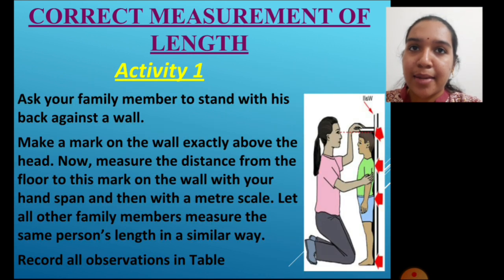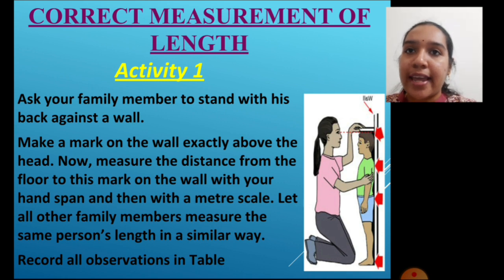In the first step, you will ask your family member to lean against the wall on their back and stand straight. Then mark on the wall exactly above his or her head as shown in the image. And the next step is the measurement.